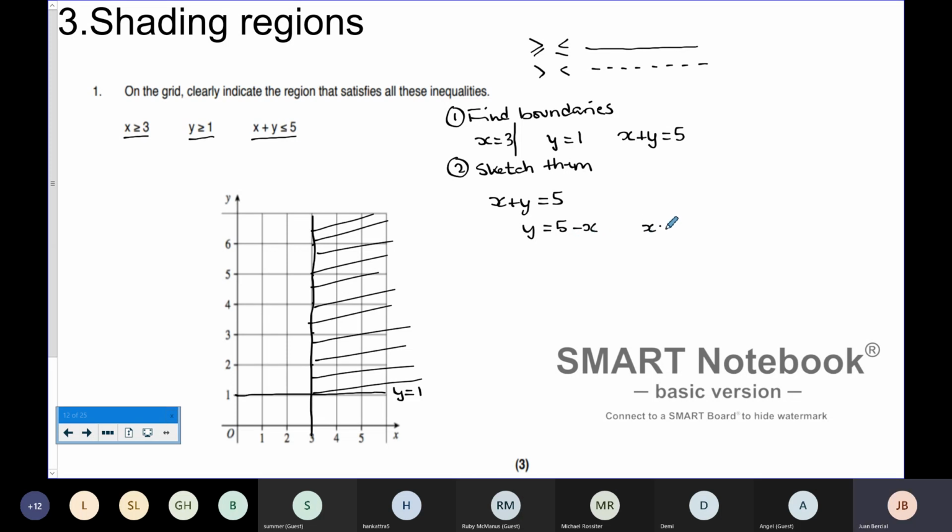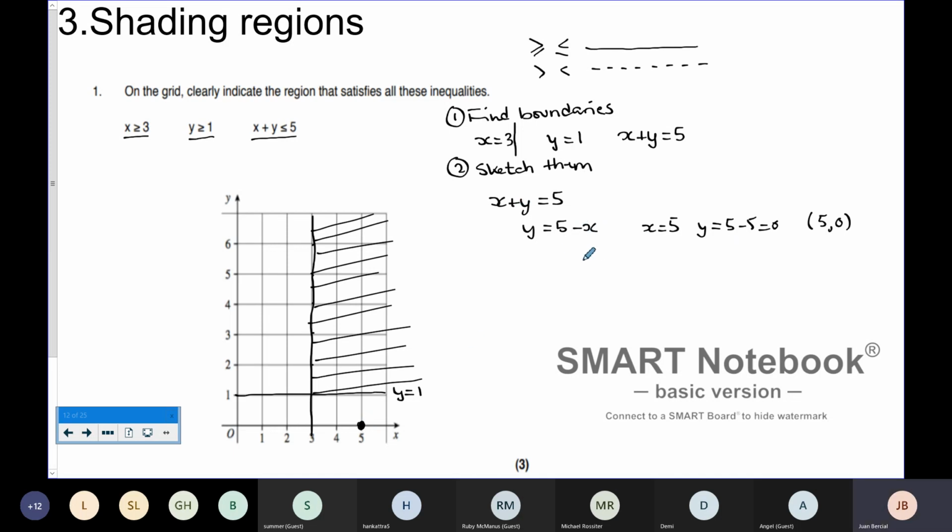So you can see that if x is equal to 5, y is equal to 5 minus 5, which is 0. So this is 5, 0. So this is 1 point of that line.